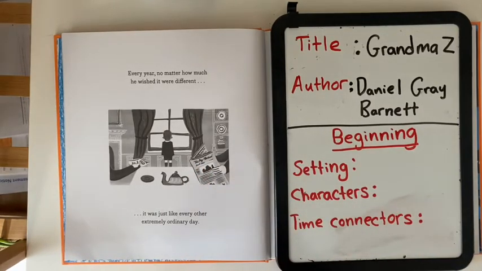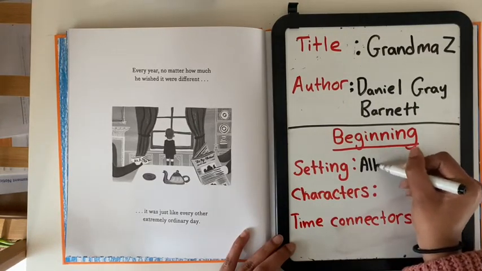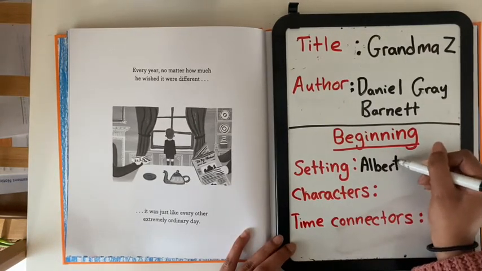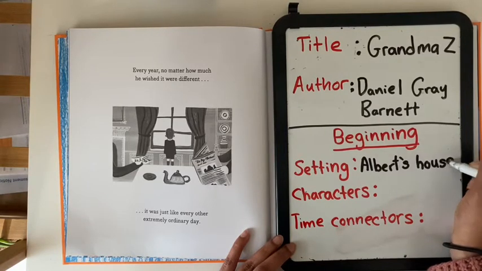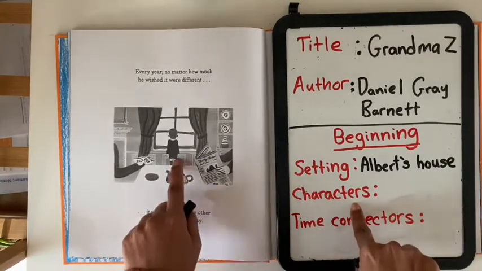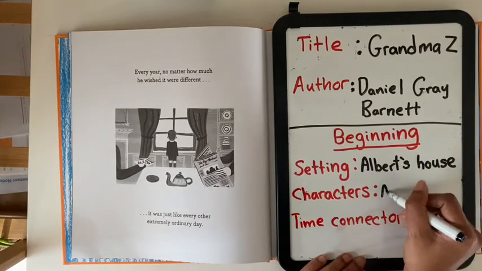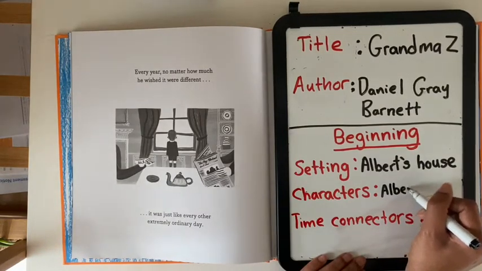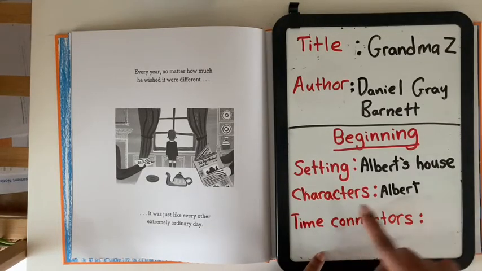So I'm going to write the setting as Albert's house. All right. Now for characters, I know that Albert's in the book, so I'm going to write Albert's name here. So we've got Albert.